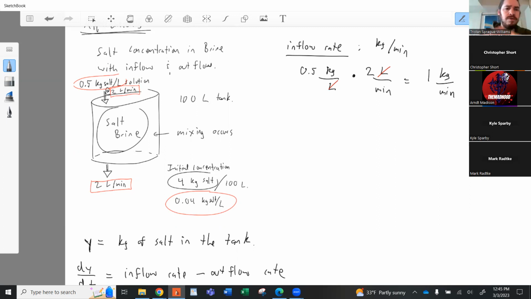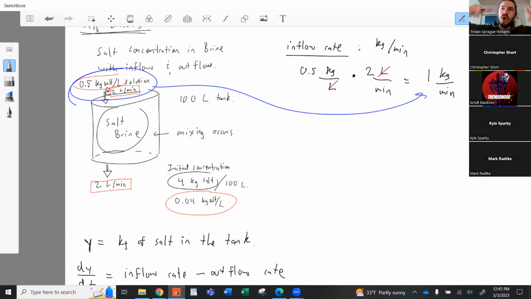So this information together gives us an inflow of salt of 1 kilogram of salt per minute, right? It's 2 liters per minute, but multiplied by a half a kilogram per liter. So we're just paying attention to the quantity of salt in kilograms.